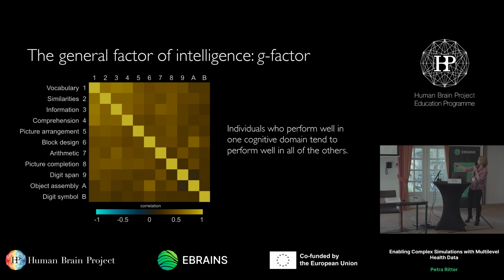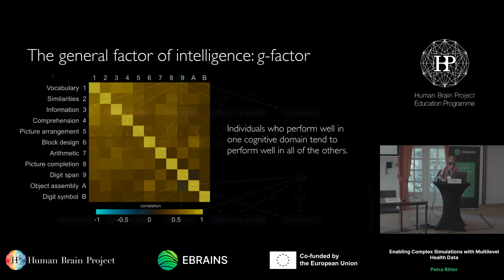So individuals who perform well in one cognitive domain tend to perform well in all others. And you see this here, that there are always positive correlations between these tests.